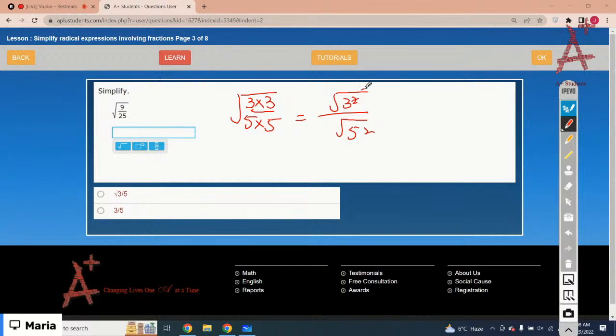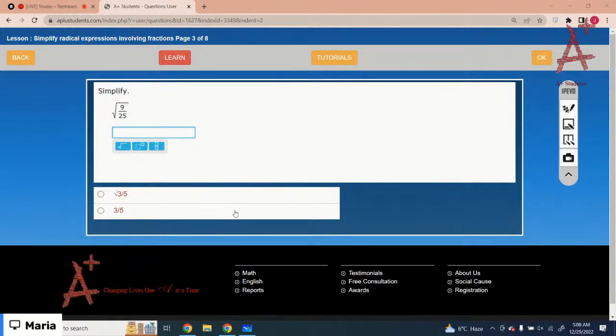Got it? The square and square root got cancelled out, and the square and square root got cancelled out. So you're left with 3 divided by 5. Got it? So the second option is the correct one. Got it? 3 over 5. Just select the correct option, then click on the OK button. Got it, everyone?